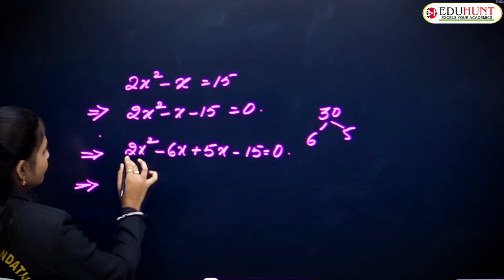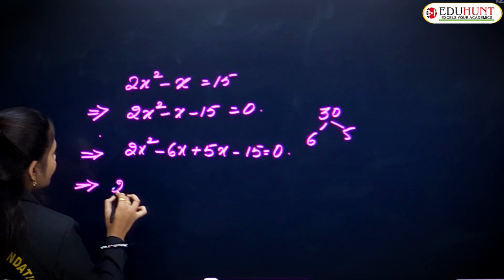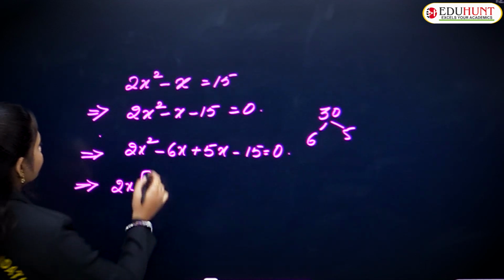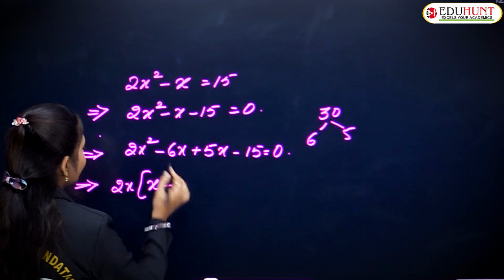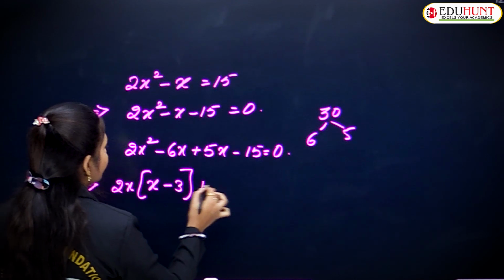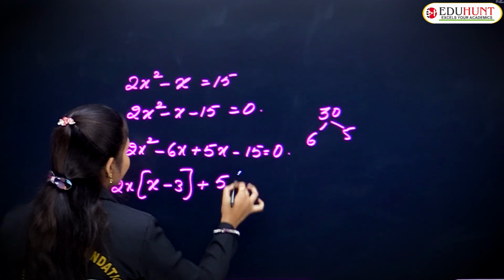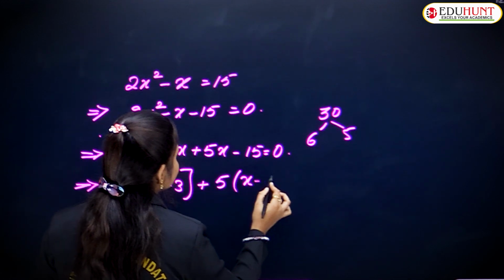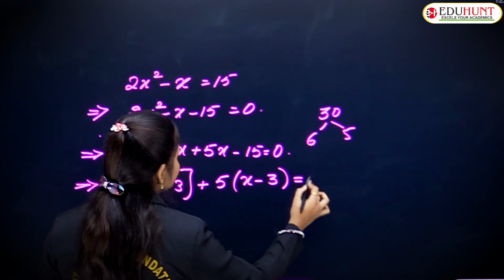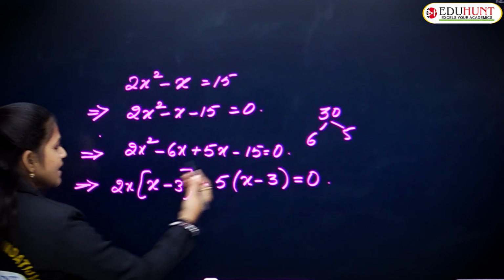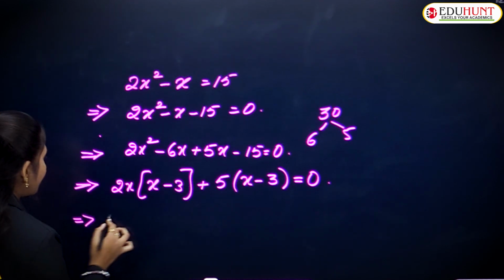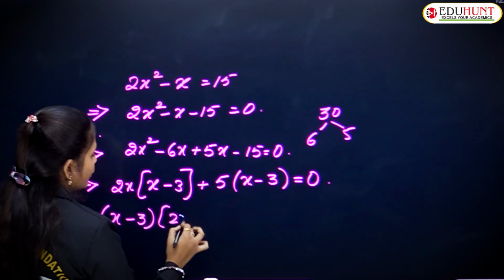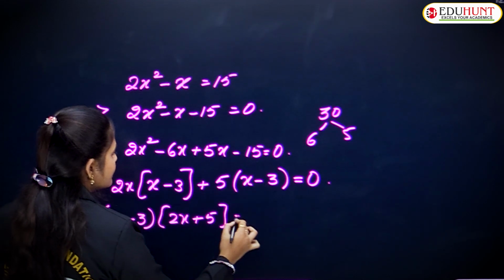From the first two terms, we can take 2x as common, so the leftover is x minus 3. Plus from the next two, we can take 5 as common, so we have x minus 3, 5 threes are 15, equal to 0. So x minus 3, here also x minus 3, so take x minus 3 as common. The leftover is 2x plus 5 equal to 0.